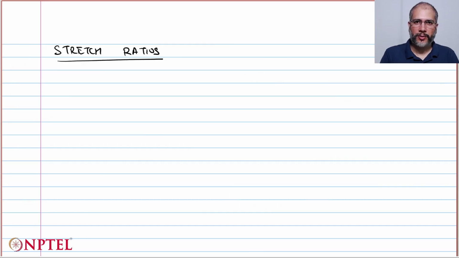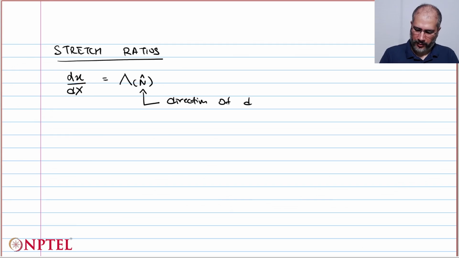As the name suggests, we define the stretch ratio as a ratio of the element length in the deformed configuration to the element length in the undeformed configuration, and this is denoted by a capital lambda, and we also have a subscript n hat in this case, which is used to denote the direction of the d capital X element.